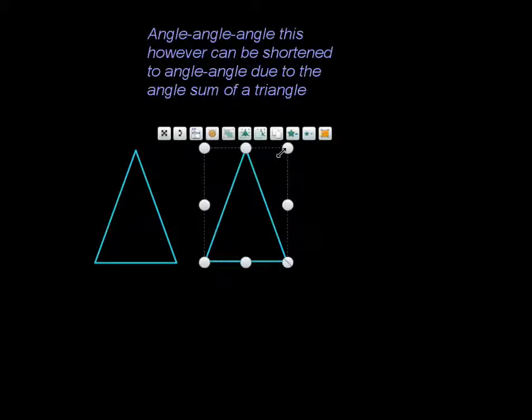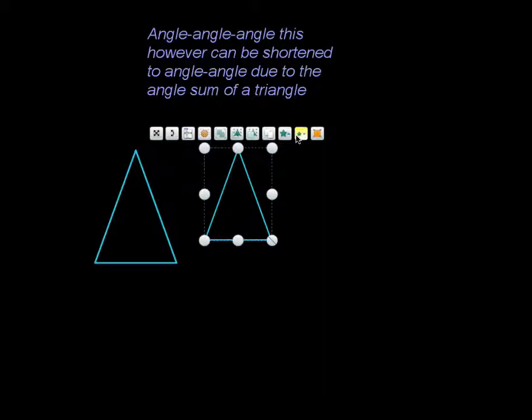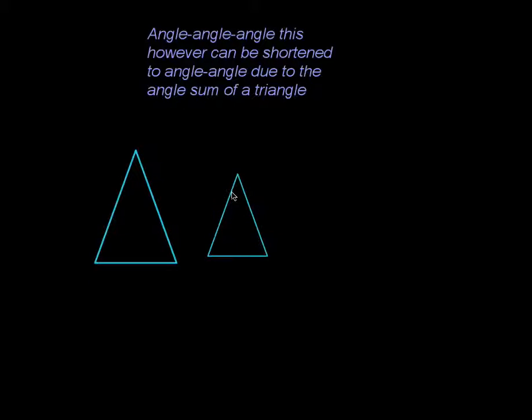Now if I were to scale this down, these two angles would be the same. You can just tell by inspection, and you can actually drag this on top of that and tell that the angle's exactly the same. Those two angles are exactly the same, and those two angles are exactly the same.